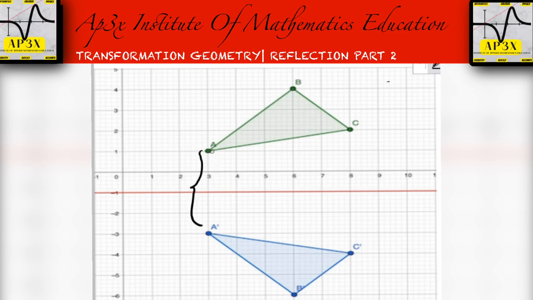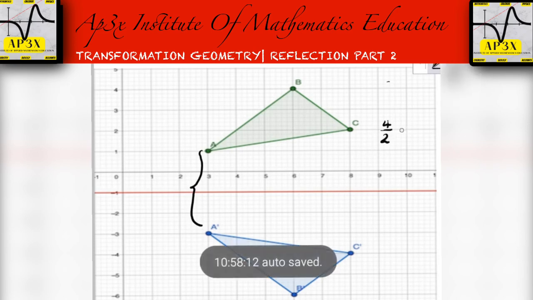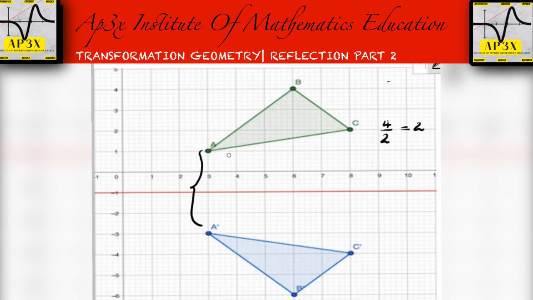You can see that this is 1, 2, 3, 4 units. So if it's 4 units between the object point and the image point, then 4 divided by 2, because a mirror line cuts it halfway, is 2. So the mirror line is located 2 units below the object, or 2 units above the image.